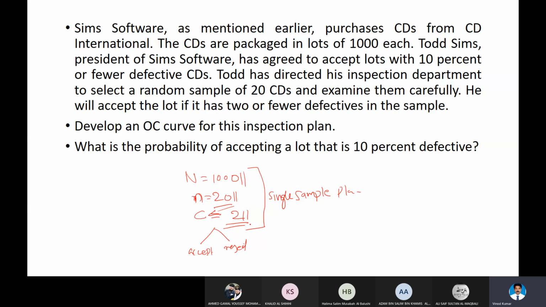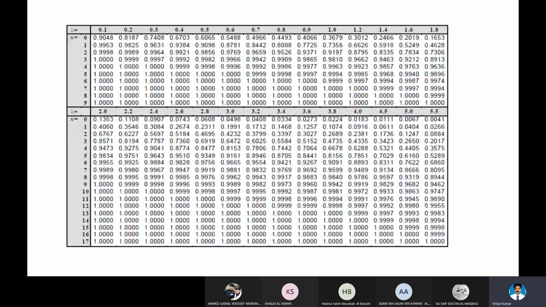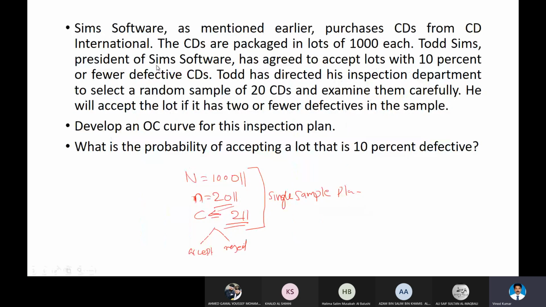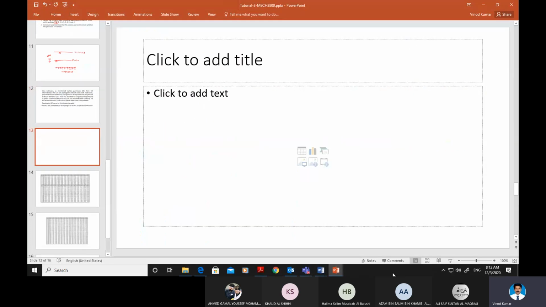So here we have to draw an OC curve. In order to draw an OC curve, we need the Poisson's binomial distribution. I will explain it to you. This chart will be given to you. So let us start now. I am going to write the plan here.